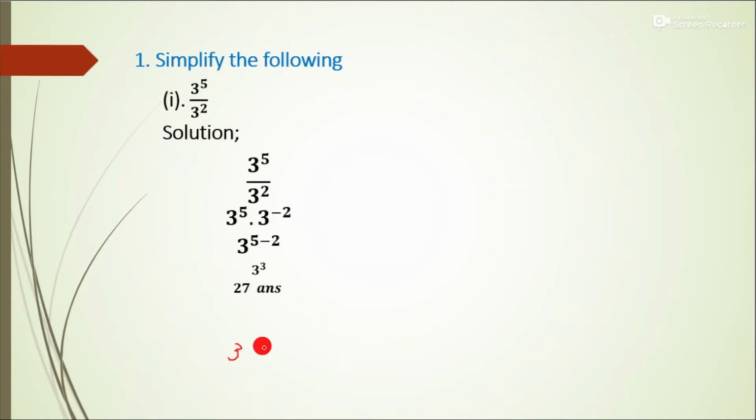When we multiply 3 three times, it is equal to 27. Okay, in other questions we can use this technique.